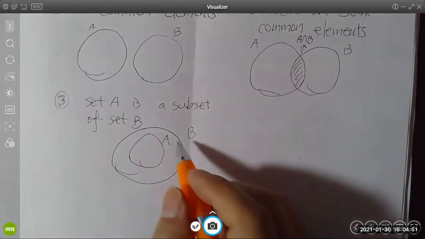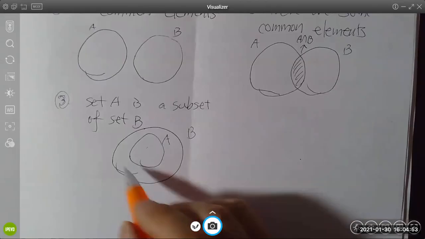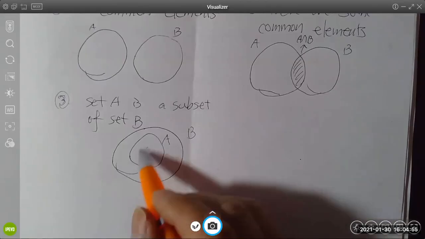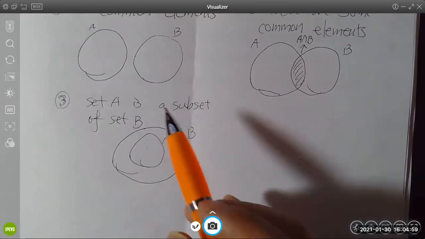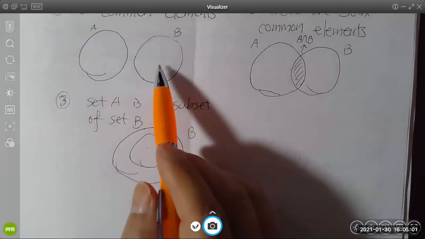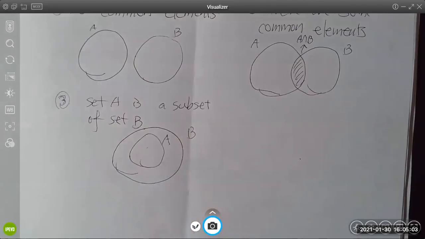Or you could have everything in B also in A, so that the B circle is inside the A circle, but that's the same kind of scenario. So basically, in terms of the relation between two circles, we only have the three.